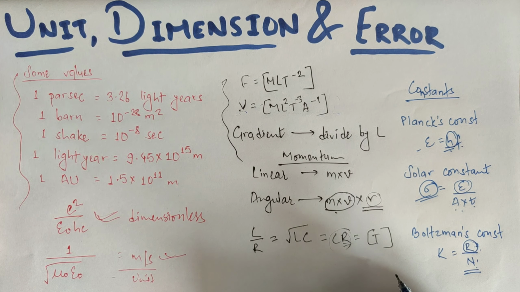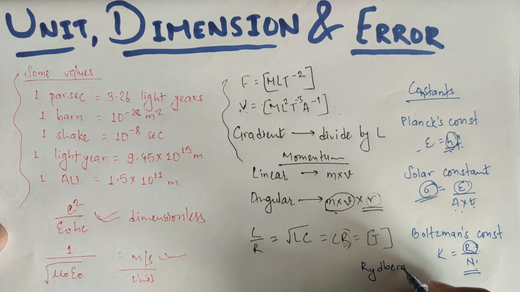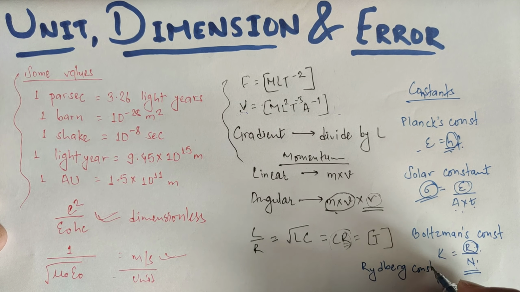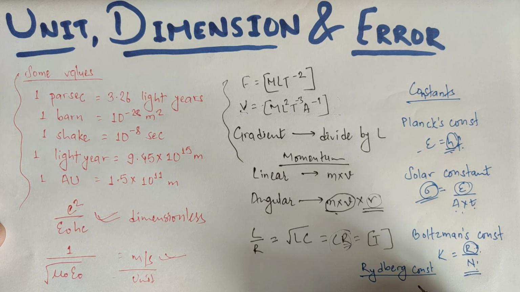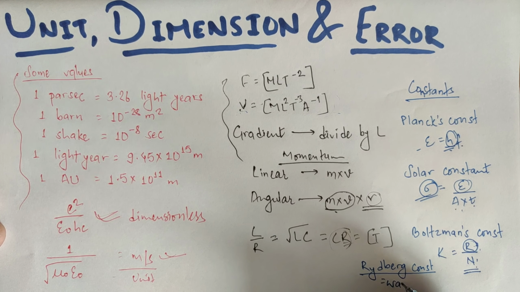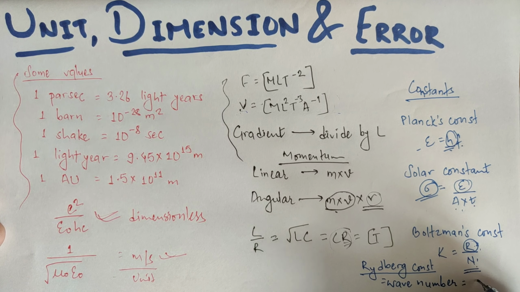Then finally the Rydberg constant. Rydberg constant is nothing but equal to wave number, which is L to the minus 1.